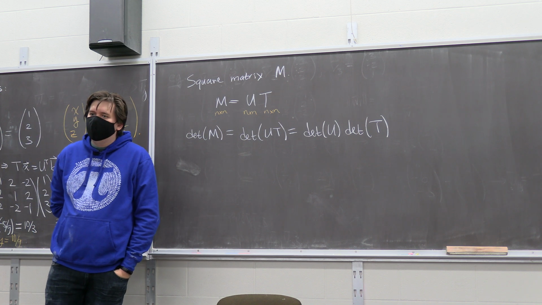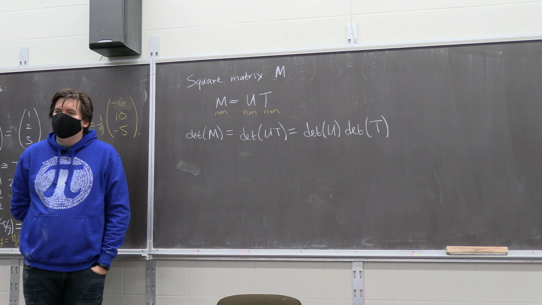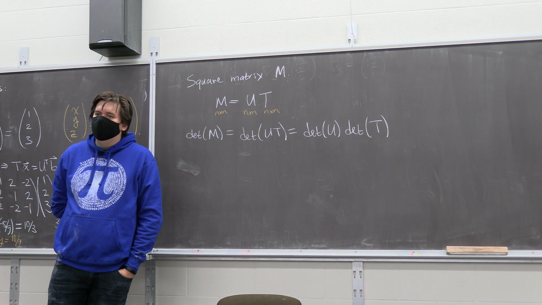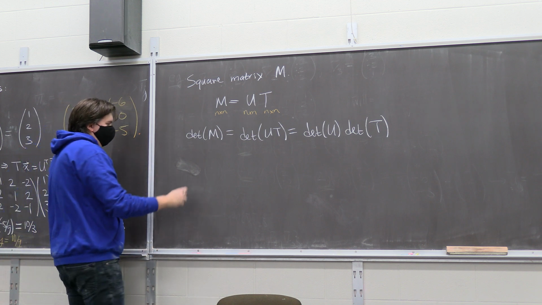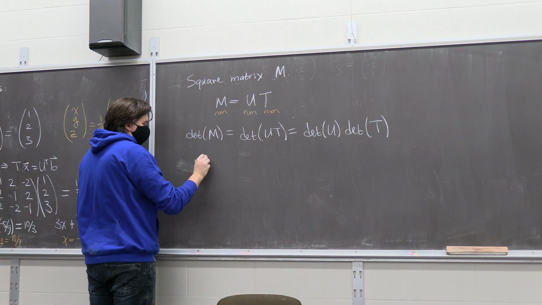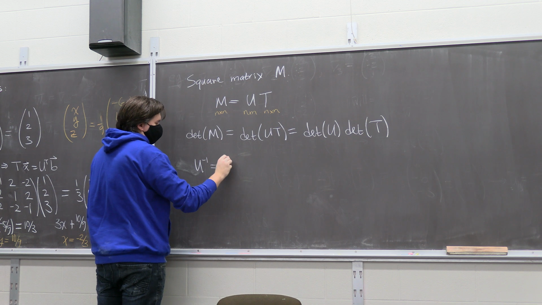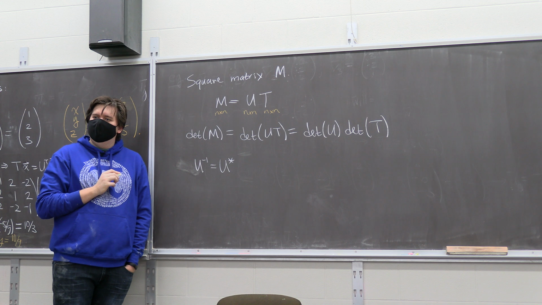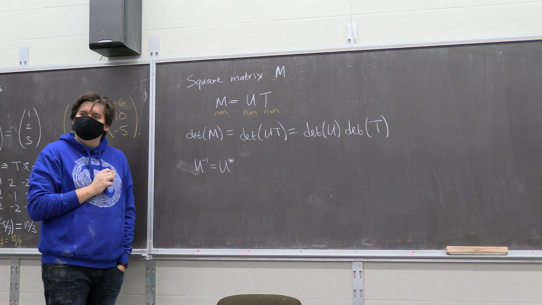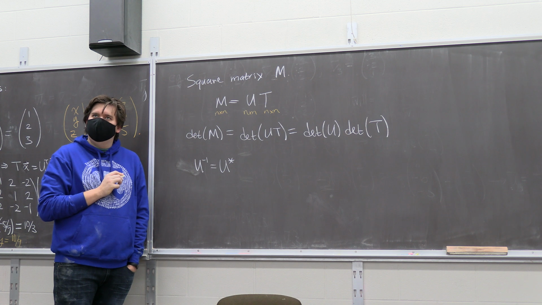Because it is equal to its, yeah, if you take the conjugate transpose, it should be its inverse. Okay, so you're saying that since U inverse is equal to U conjugate transpose, then what? Well, the determinant of the inverse is equal to 1 over the determinant of the original.